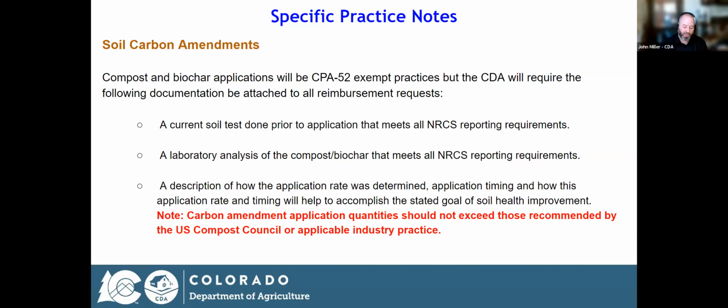We want to make sure there's no over application that could lead to runoff to Colorado waterways. All these requirements here, the current soil test, the laboratory analysis, and the description of how and when they're applying the compost and biochar can just be included in the email when you're submitting their reimbursement.